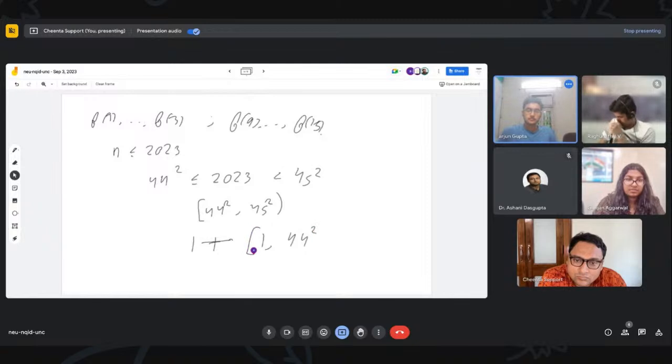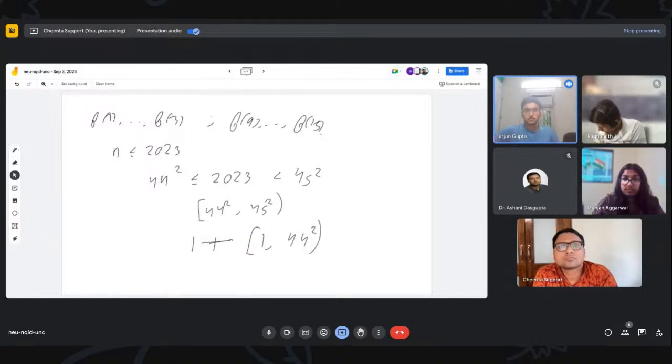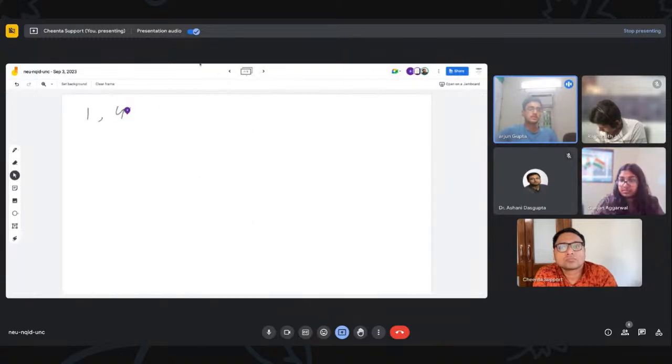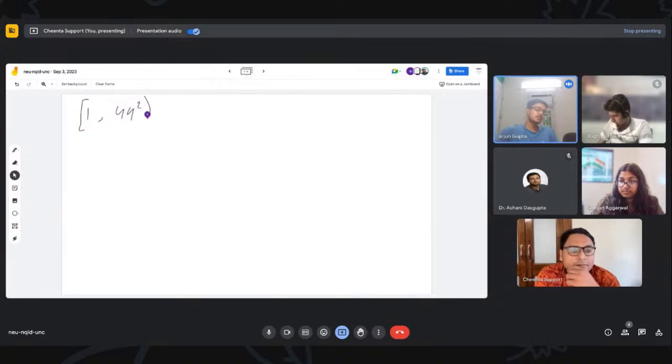I'll go to the next page. Our search has reduced to this interval. Reducing to this interval was nice because 2023 is not a perfect square, and that might have made our life harder.